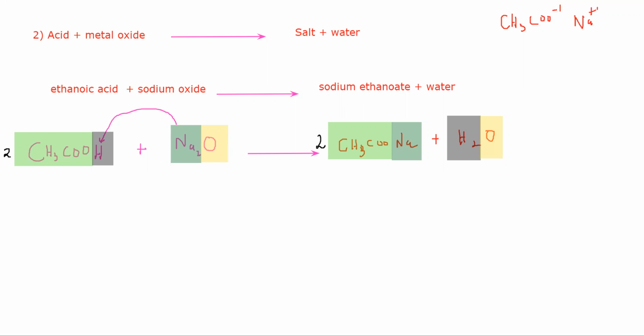So when acid plus metal oxide react, this will result in the formation of salt and water. If you are having butanoic acid plus calcium or magnesium oxide, what will be the product?